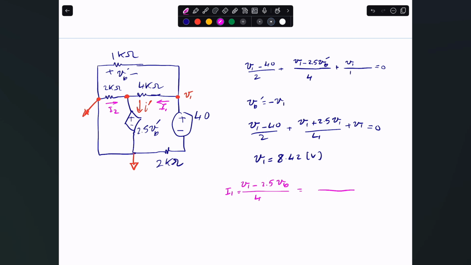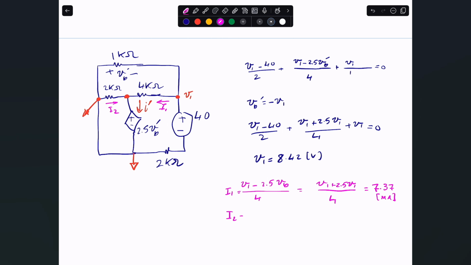And we can compute that, that will be V1 plus 2.5 V1, because remember VB is negative V1, divided by 4, that means this particular I is equal to 7.37, I believe everything is in kiloamps, so that should be milliamps. All right, what about I2?